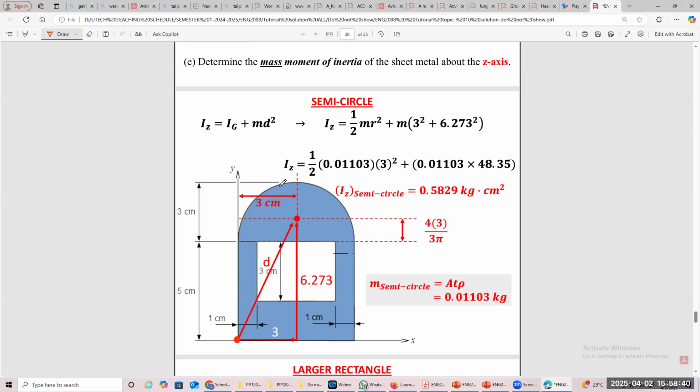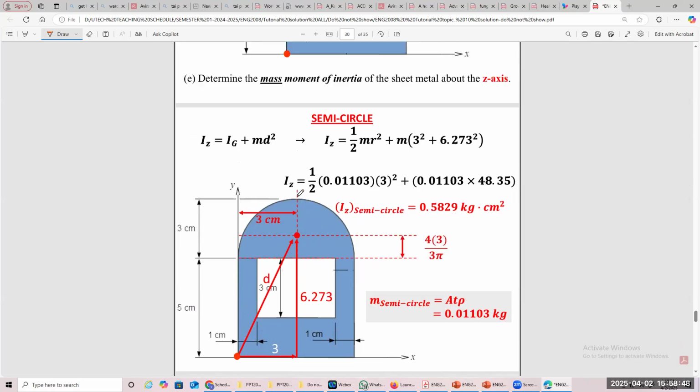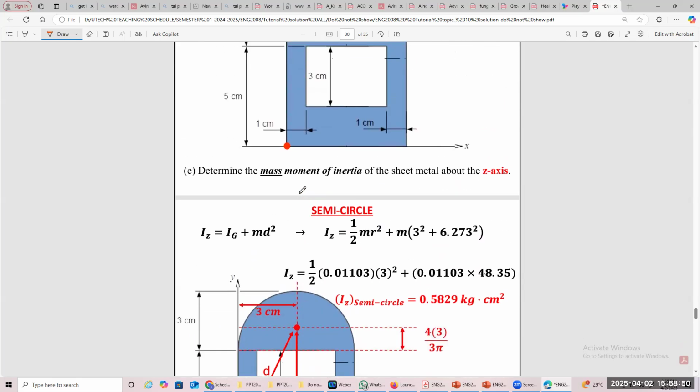I think for the first, we found the rectangle mass. Oh no, we didn't find the mass. You would have to take the initial mass of the entire body. Do you remember that? Last week we found the mass of the body, and we did the conversion.